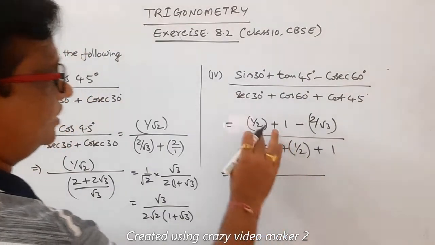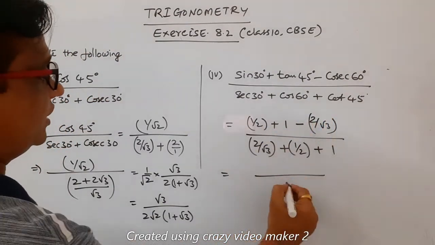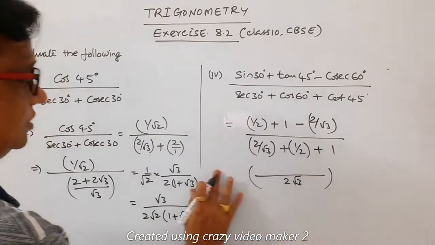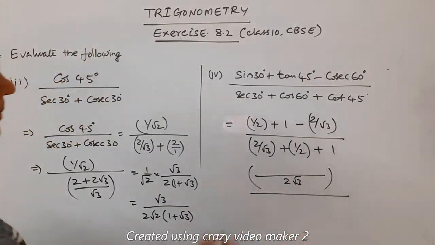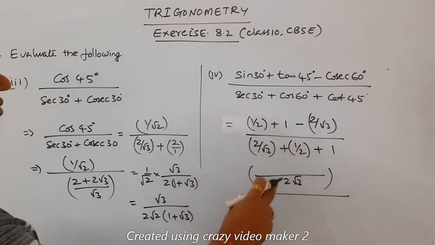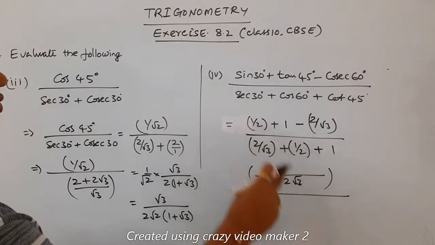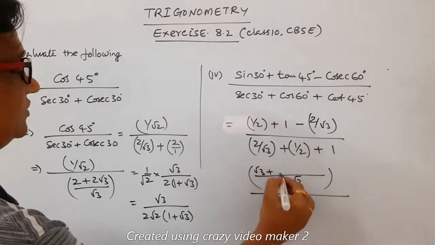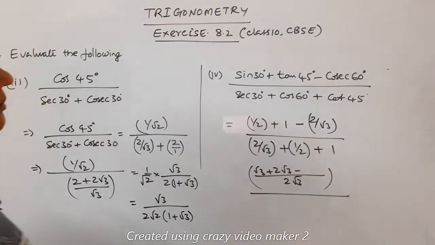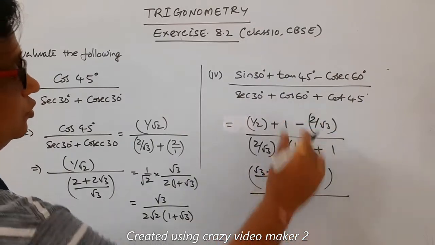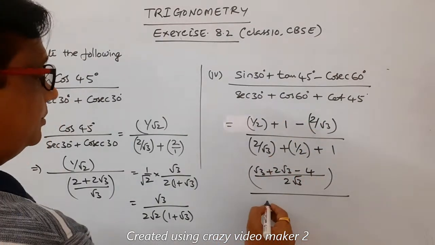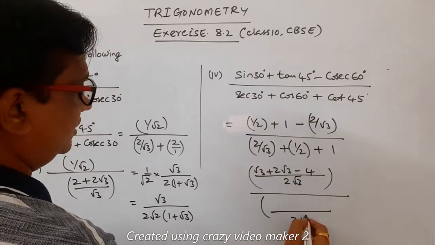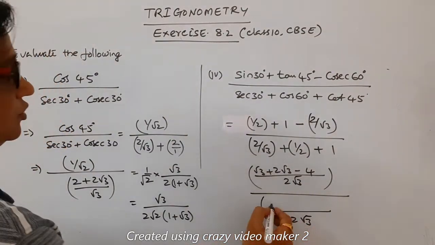Here the numerator is 2, here 1 in root 3. So 2 root 3 is the LCM. How many times 2 is 2 root 3 means root 3, so 2 root 3 minus root 3, and 2 twos are 4.